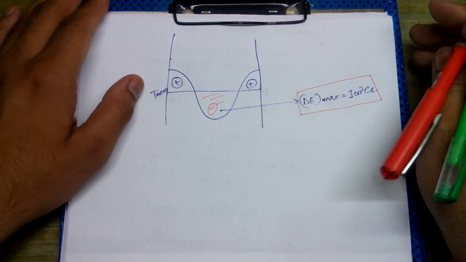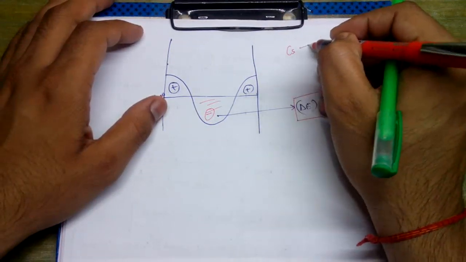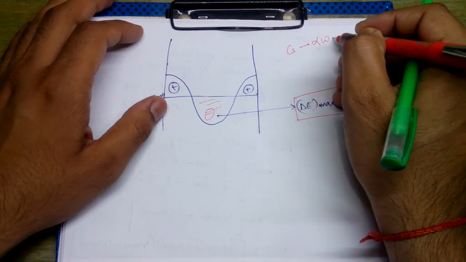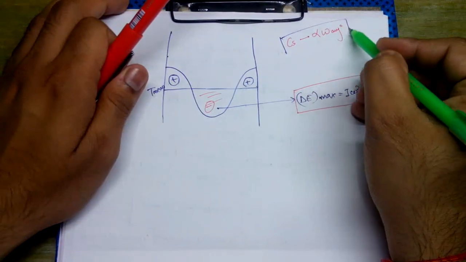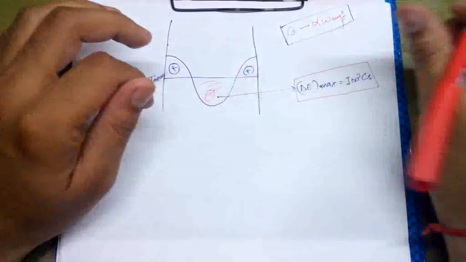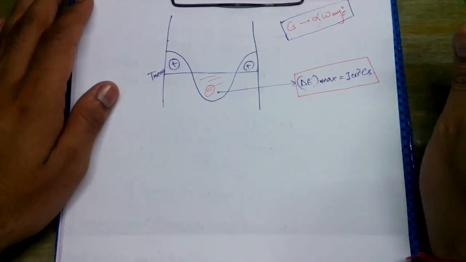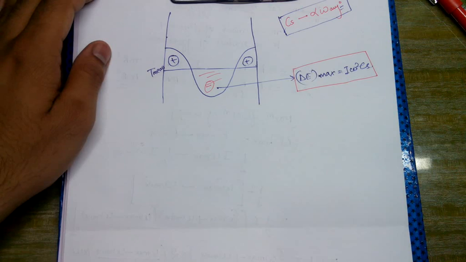Please note one point: the coefficient of fluctuation of speed, CS, is not dependent upon omega average, or it is directly proportional to omega average to the power 0. It is independent.